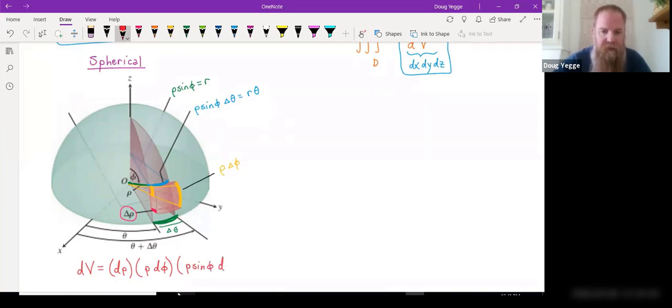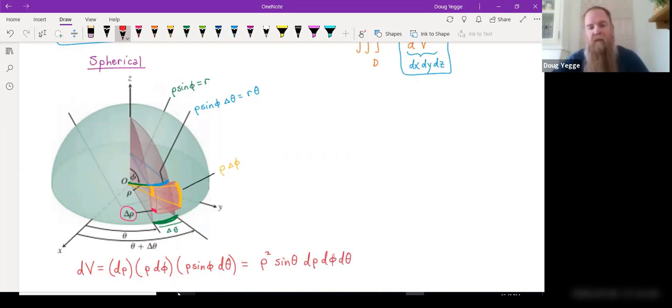But if we were to write all of those together here, then that would mean that I have rho squared sine phi d rho d phi d theta.